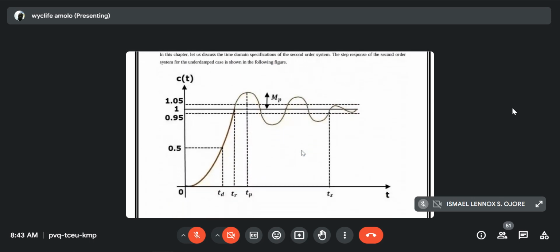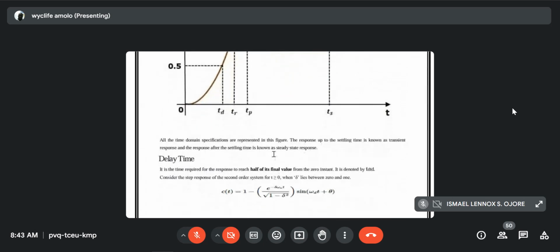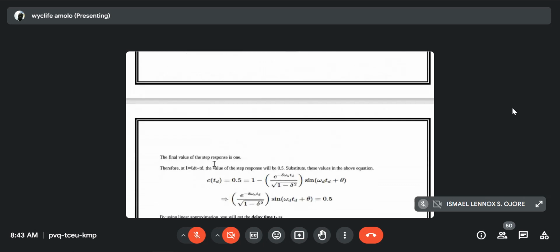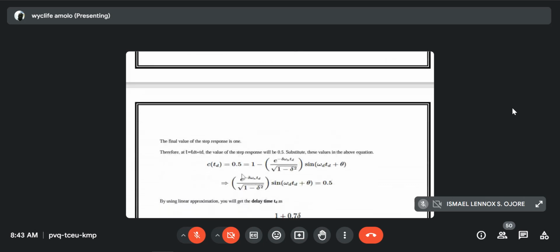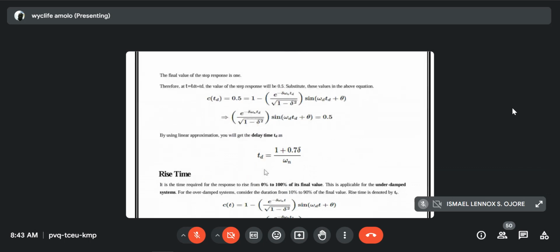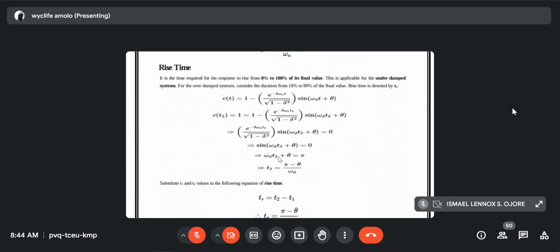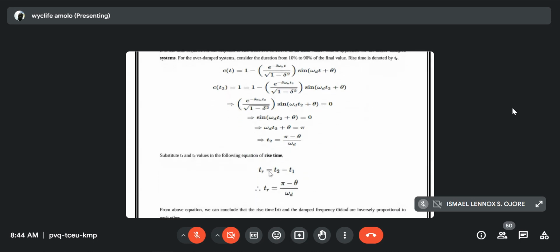So this one you have done with the system. We have a delay time, which is given by TD, and rise time. Rise time you can get as T2.